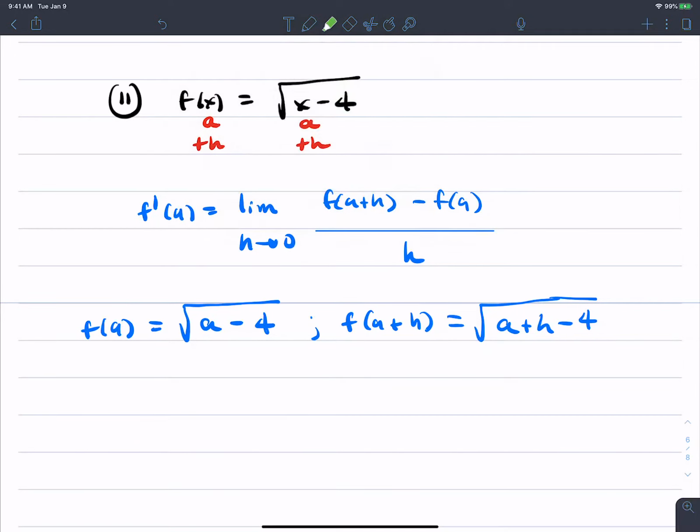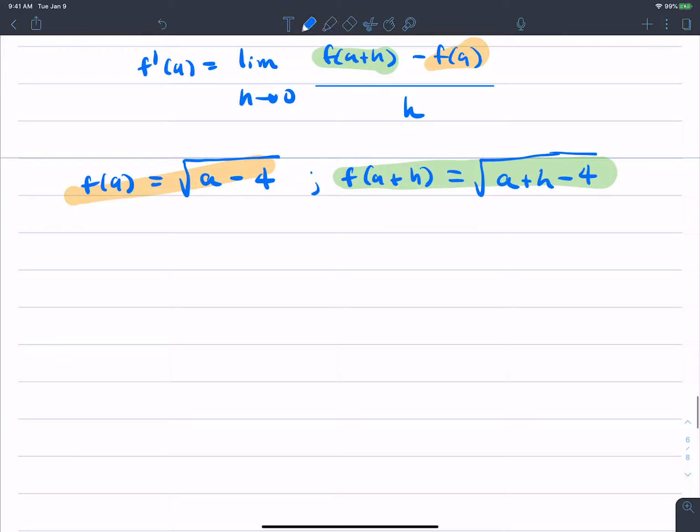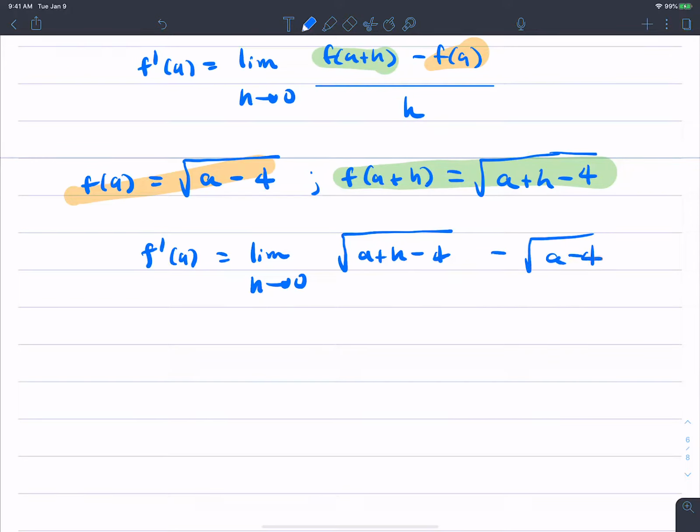You plug those things into the definition. So we have f prime a is the limit as h goes to 0 of the square root of a plus h minus 4 minus the square root of a minus 4, everything over h.